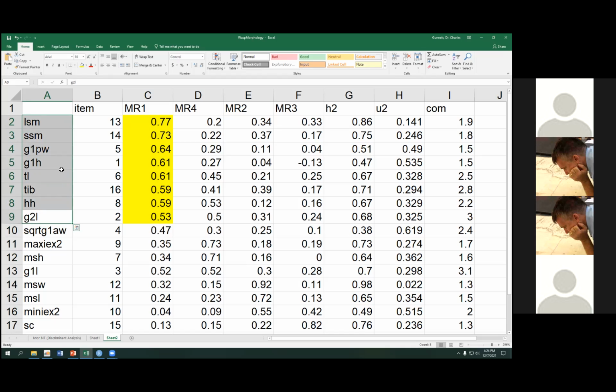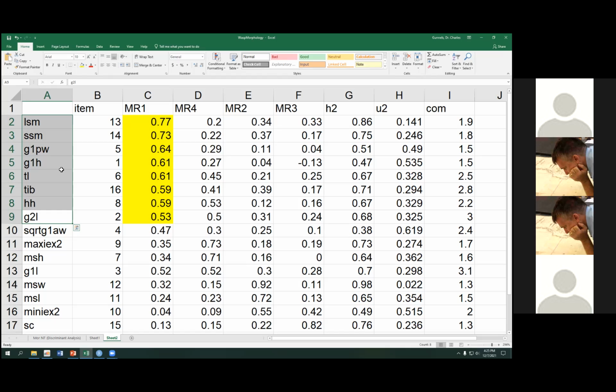Values in between 0.5 and negative 0.5 don't have a strong relationship to the factor. So we don't pay attention to them in terms of that factor. And we start to define the name for the latent variable. And what's a good name for variables that all have a morphological character that associates positively with each other?